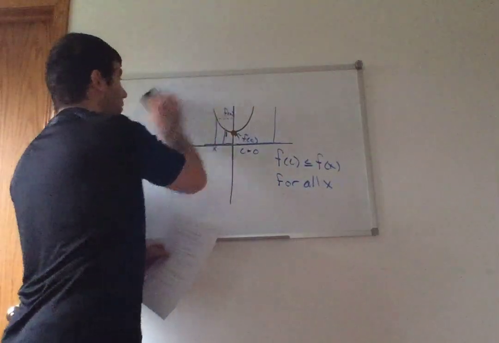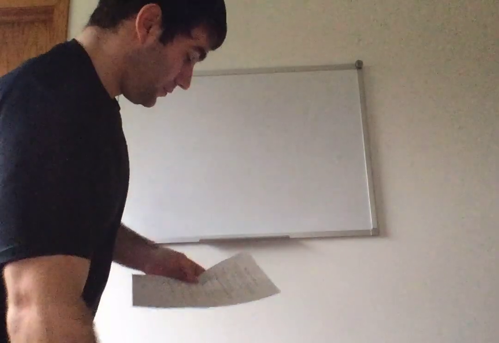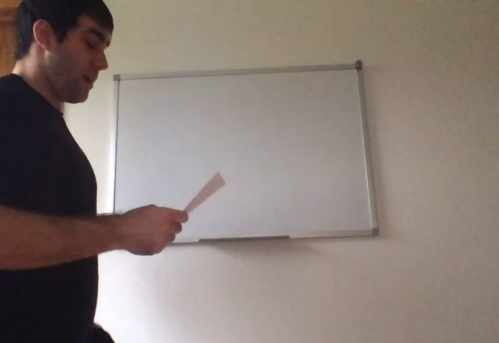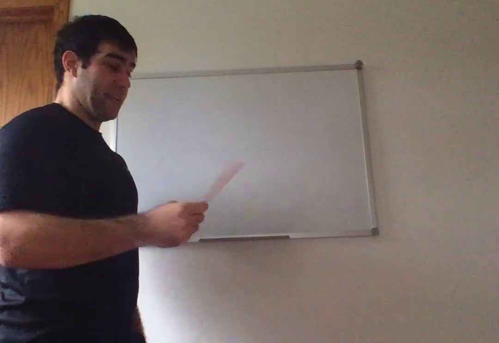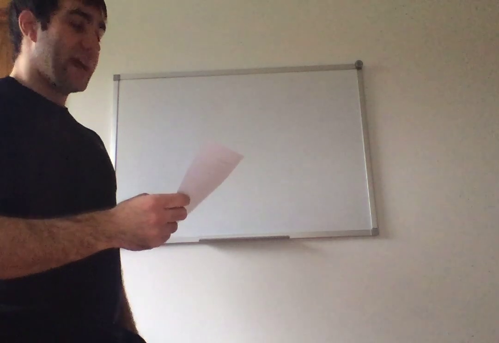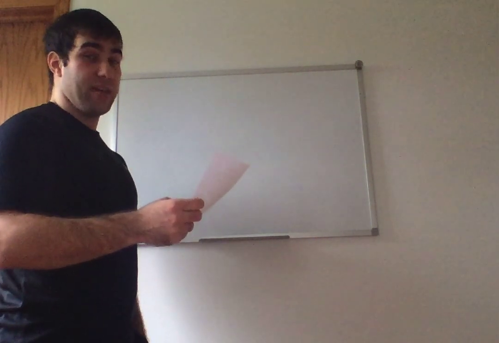Now, we have another little note that I want to talk about. This note is on my lecture notes. The absolute maximum and minimum values of f are called the extreme values of f.